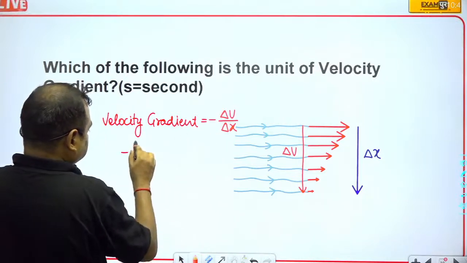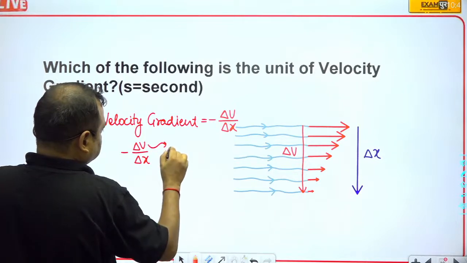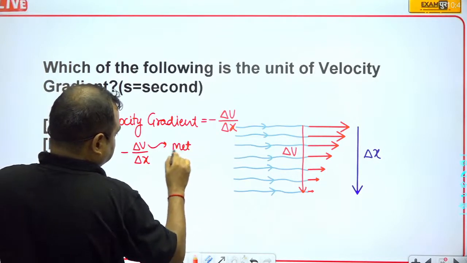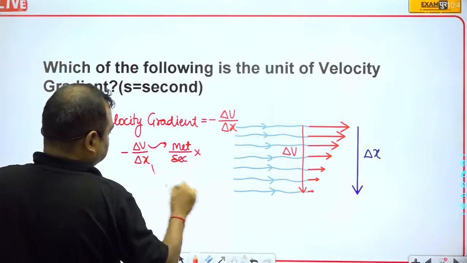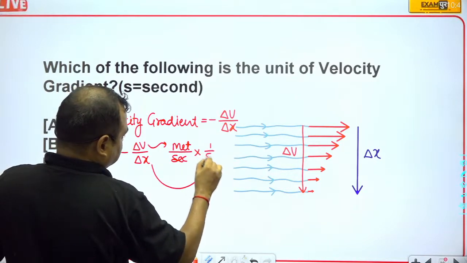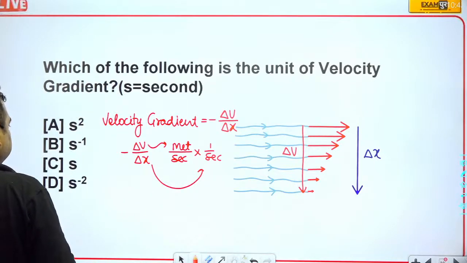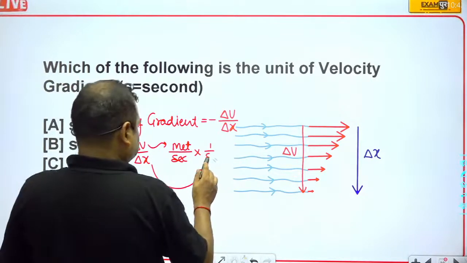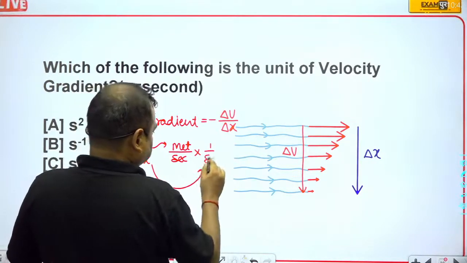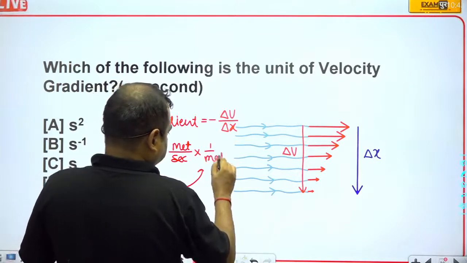The unit of delta v is meter per second, multiplied by 1 upon delta x, where delta x is in meters.